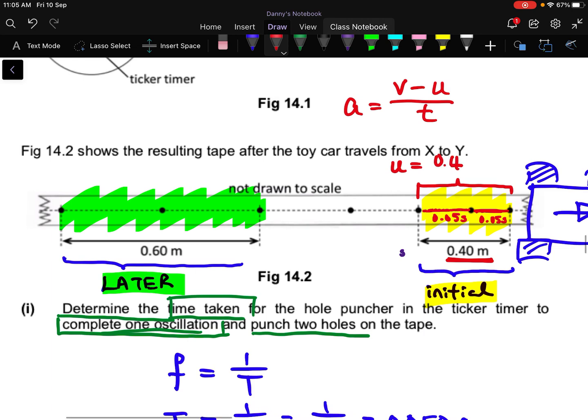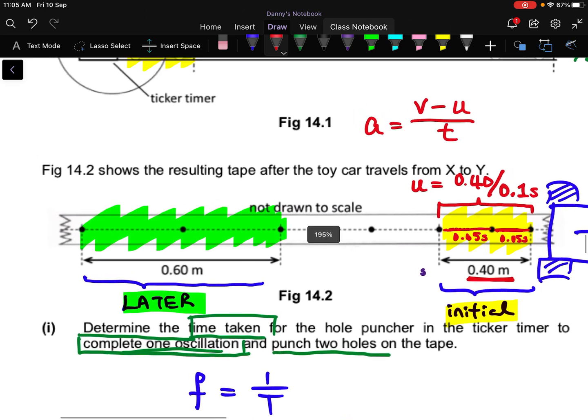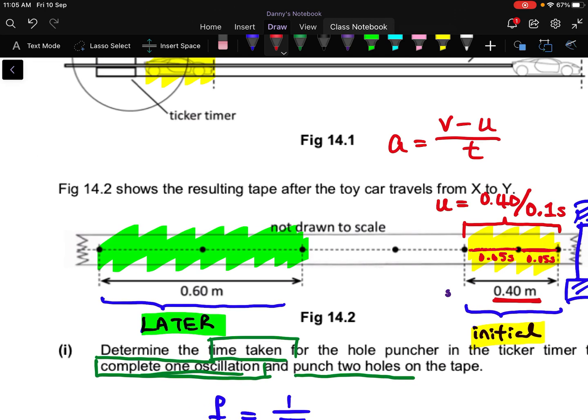So from here, actually I can find out my initial velocity, which is 0.4 divided by 0.1 second. So far, so good. Now at the green part, this happens at a later time, right?